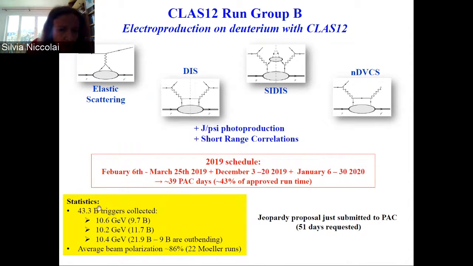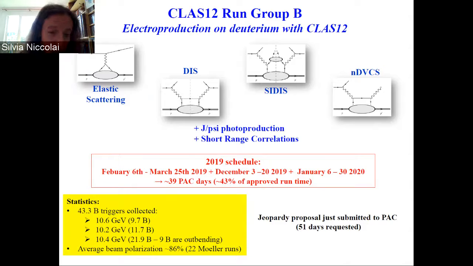In total, we collected 43 billion triggers on 3 different settings of electron beam energy. And we had data at 10.6, at 10.2, and 10.4 GeV, and part of the 10.4 GeV was taken with outbending torus field, while the rest was with inbending field.